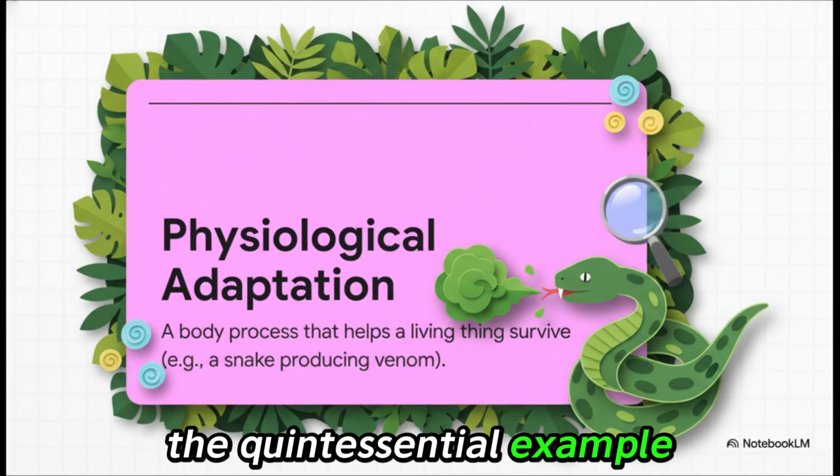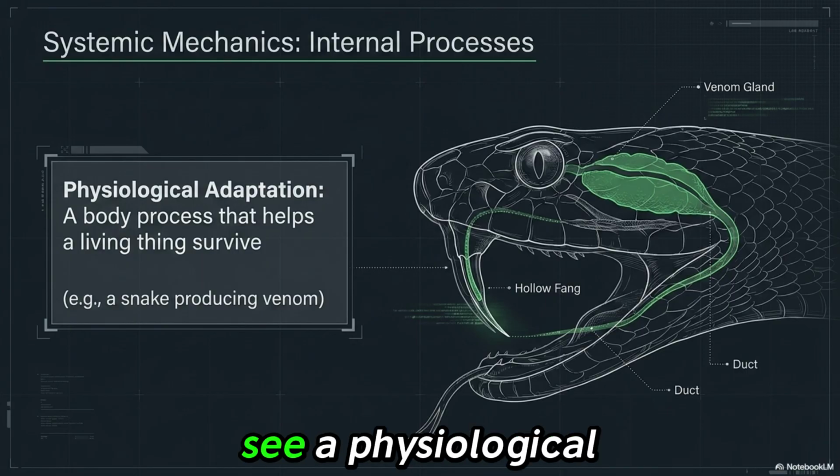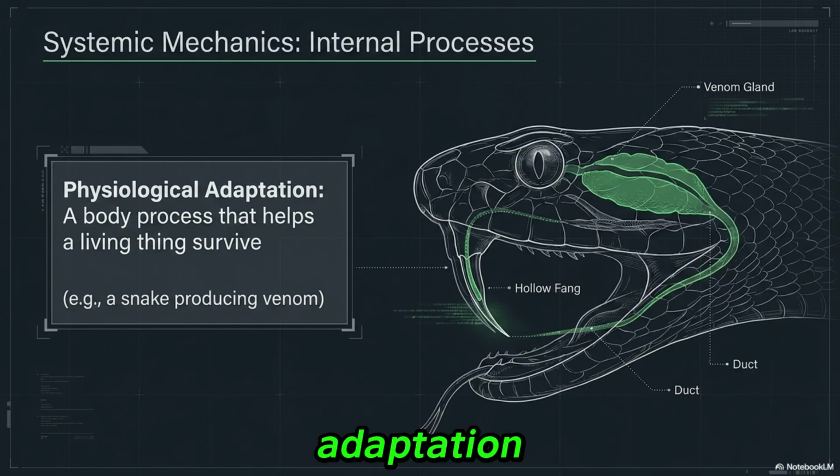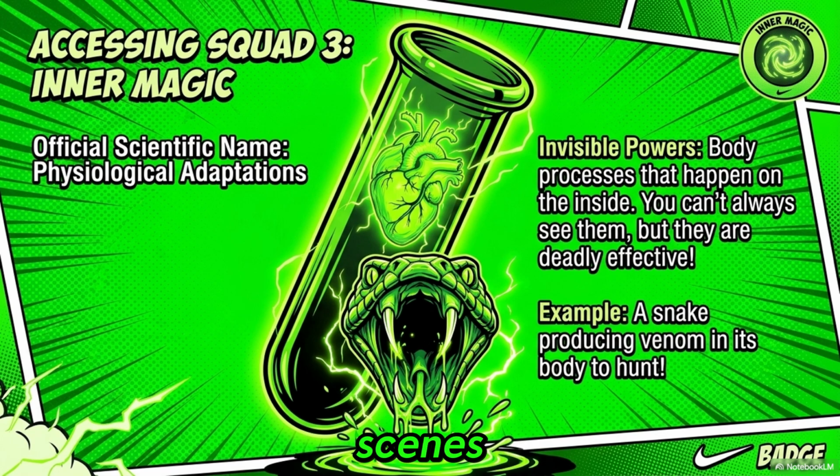The quintessential example here is a snake producing venom. You can't usually see a physiological adaptation just by looking at the outside of the animal, because it's a hidden chemical or biological process working behind the scenes to make sure that organism can get food or defend itself.